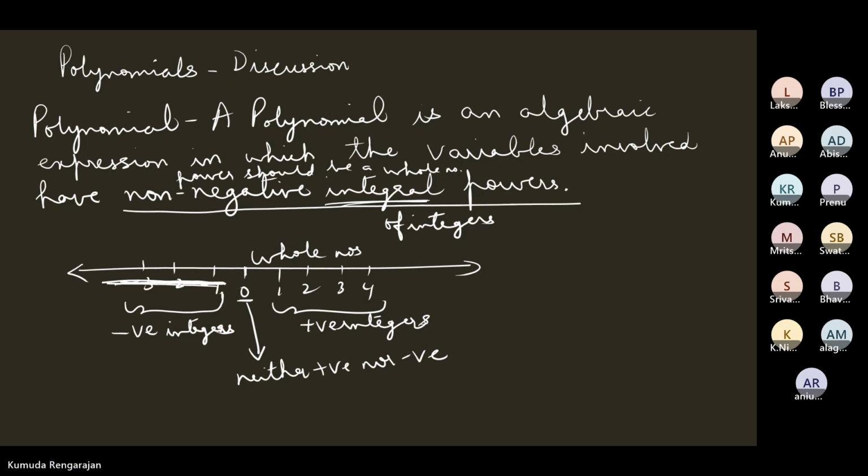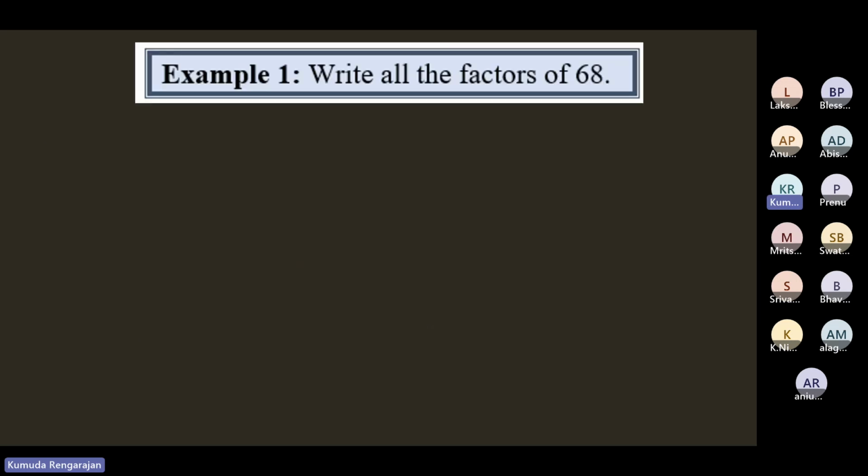But an algebraic expression can have one or more variables. So when you're given an algebraic expression, you must look at the powers of the variables x, y, z. If they're all whole numbers, then that algebraic expression is a polynomial.